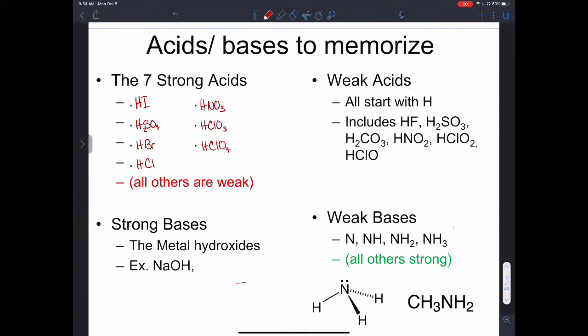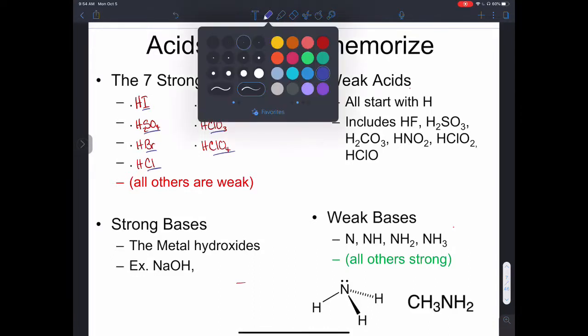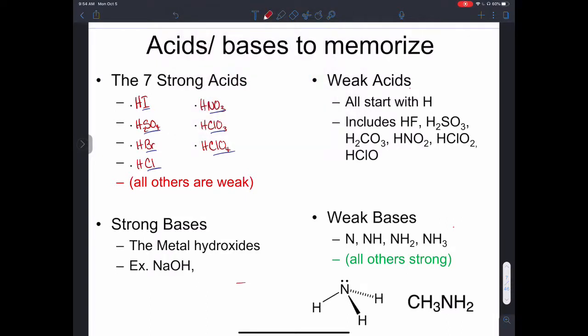So these are the 7 strong acids, and it will be helpful to memorize these. You won't have to look them up all the time, and things will go much more quickly. Notice that they all start with an H, and then the anions that are connected to them form a fun little sort of acronym that I like to call isobroclo, no clo-clo.